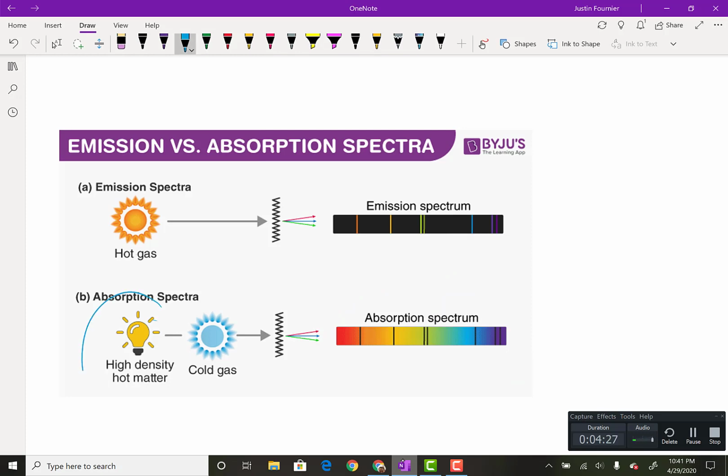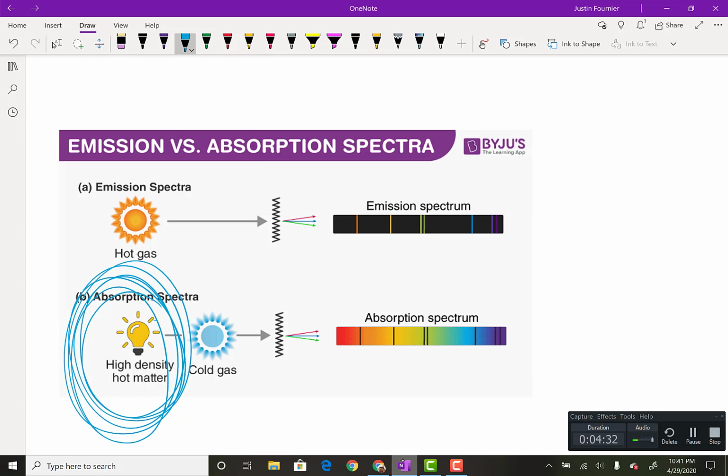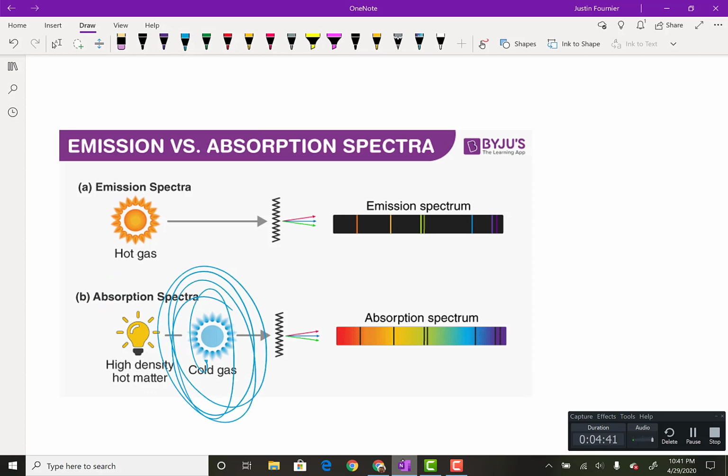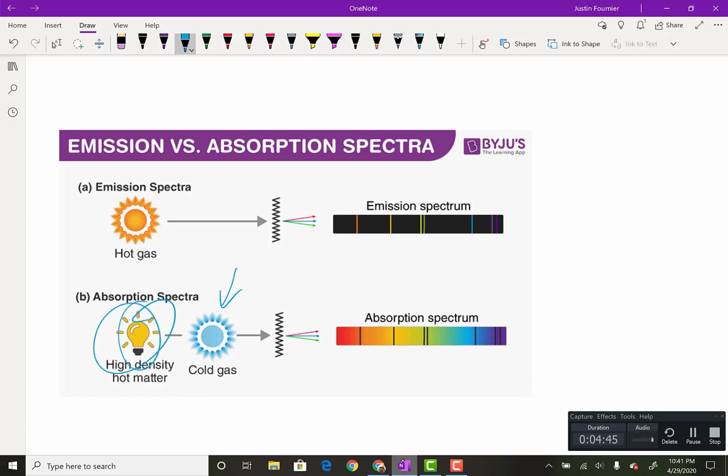So if I just have a really high density hot light that emits essentially the colors of the spectrum, and I put some sort of gas in between that, well, this gas is going to absorb some of this light, and what's left over is what we call the absorption spectrum. As you can see, these things are giving us different, interesting patterns.